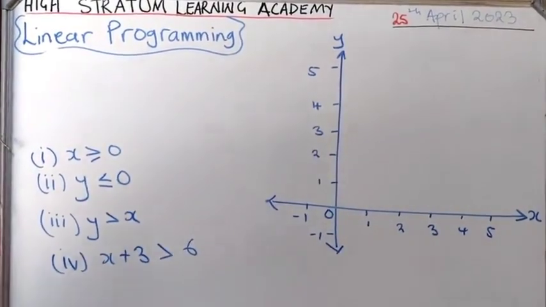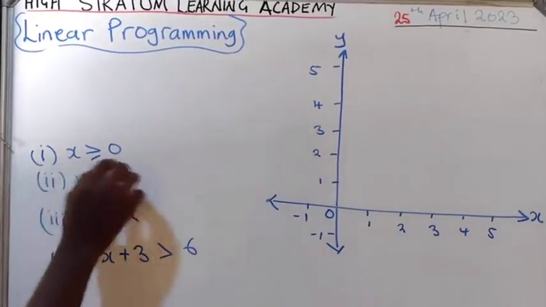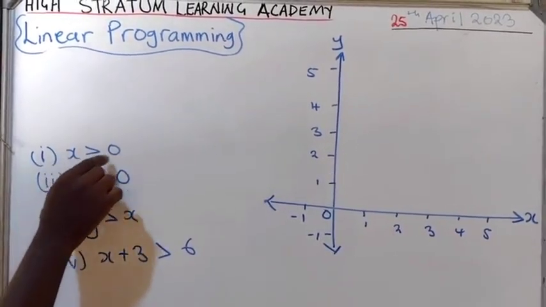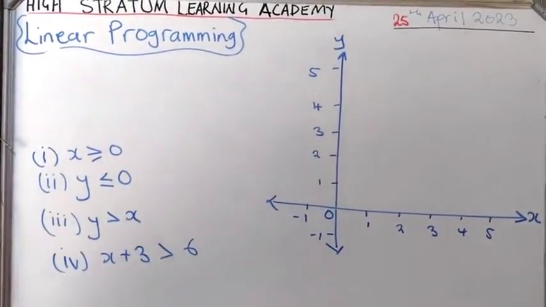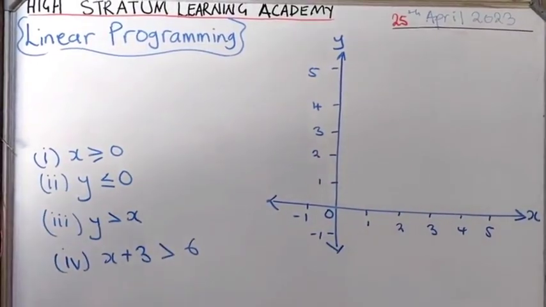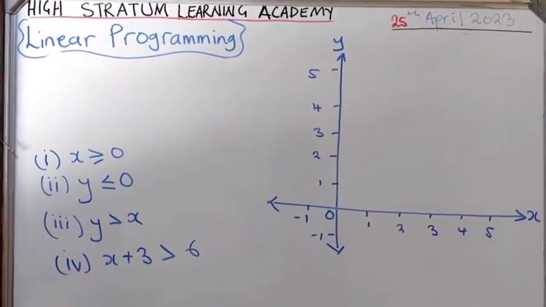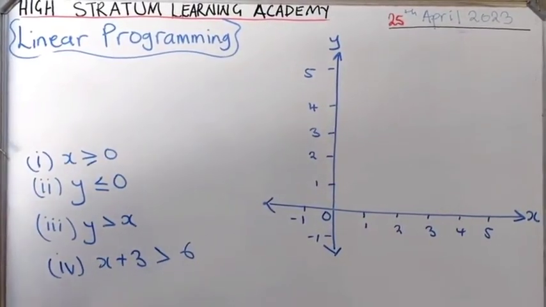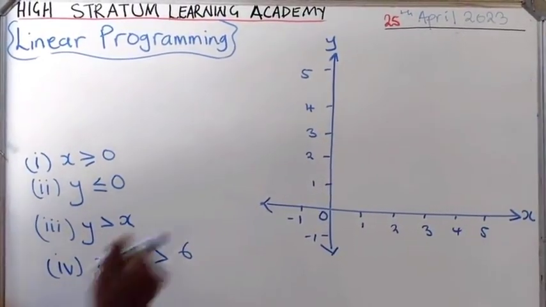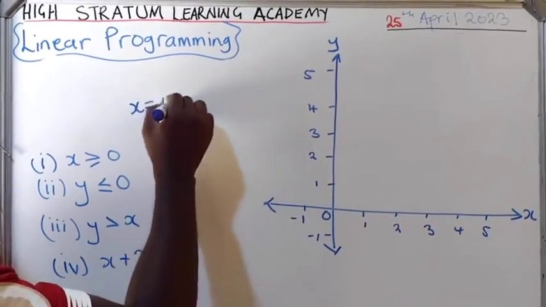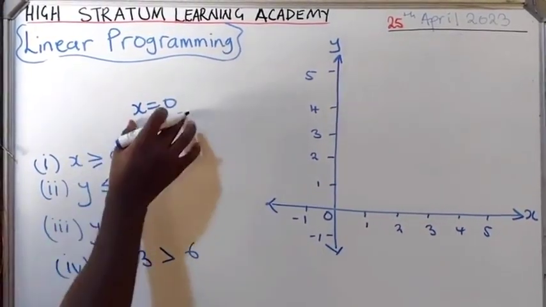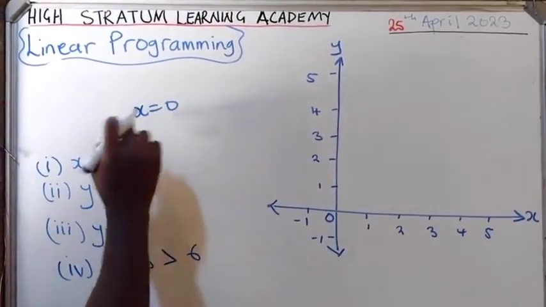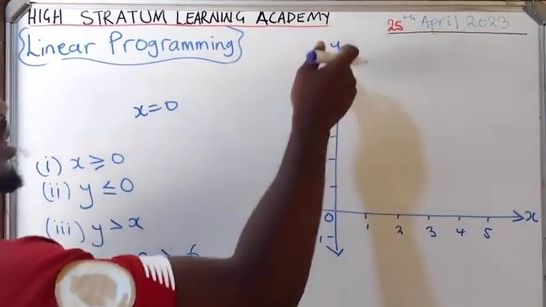So we start with the first one. As you can see, this is x greater or equal to 0. According to the features of the Cartesian plane, we said that the line x equal to 0, so I'm changing it now into an equation, is the y-axis.